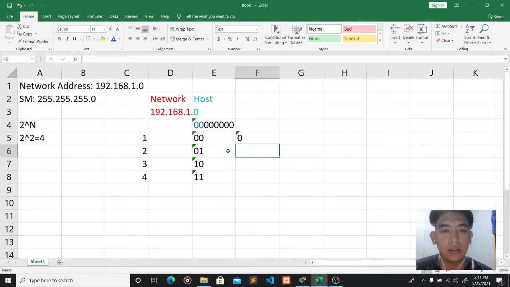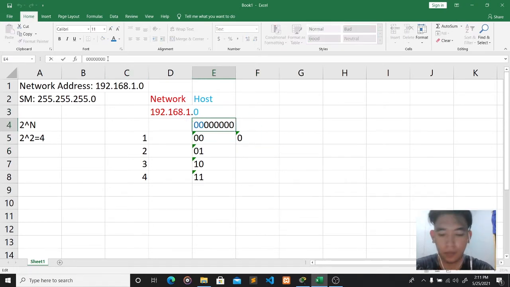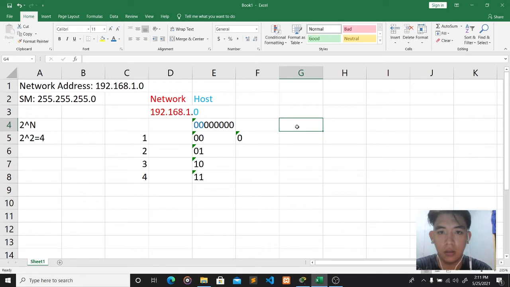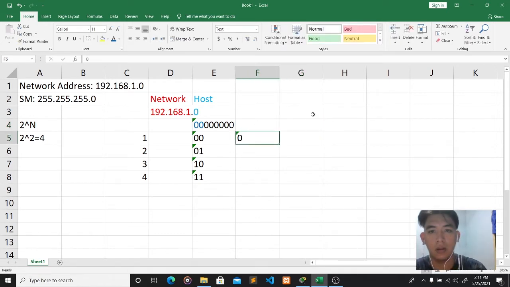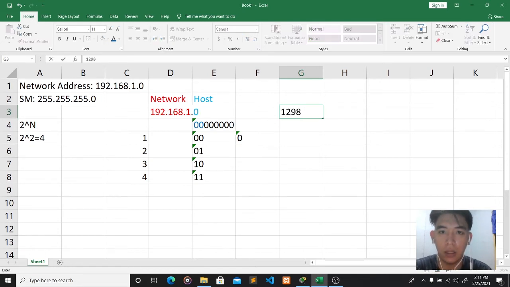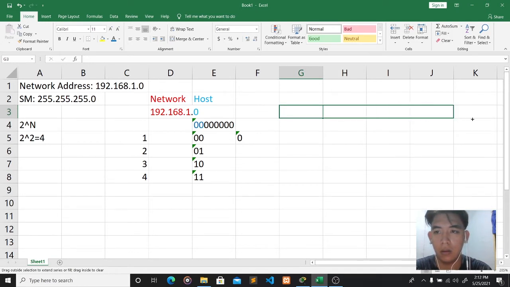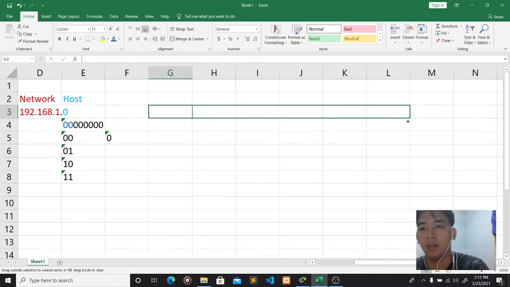Let us write it down: 128 is the leftmost, then 64 next. One, two, three, four, five, six, seven, eight.